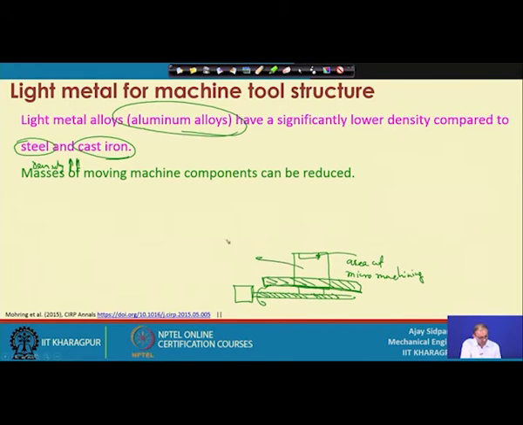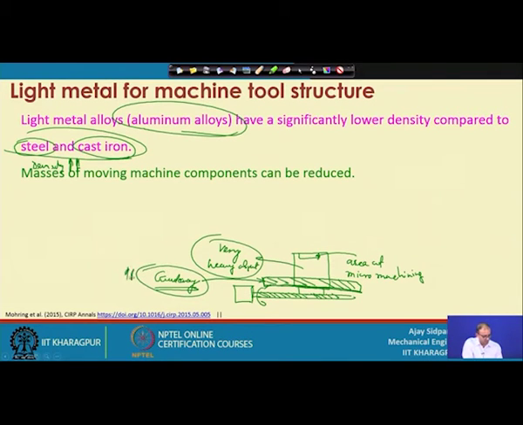So, this is a very heavy object. Correct. Now if you see this particular thing, you consider it as a slide way or guide way, correct. If you are using steel and cast iron, your weight will be very high, because you already have a heavy object, and other than the heavy object, your guide way is also very heavy.